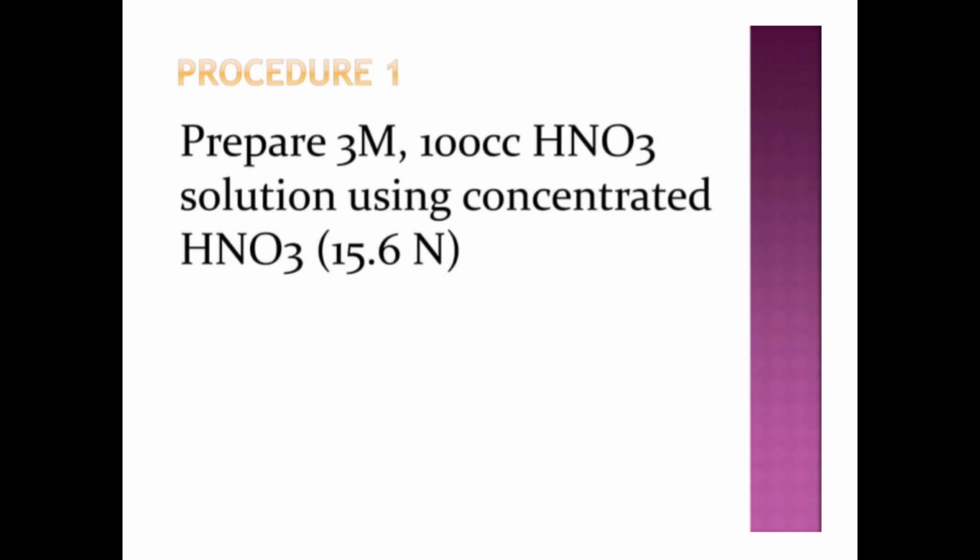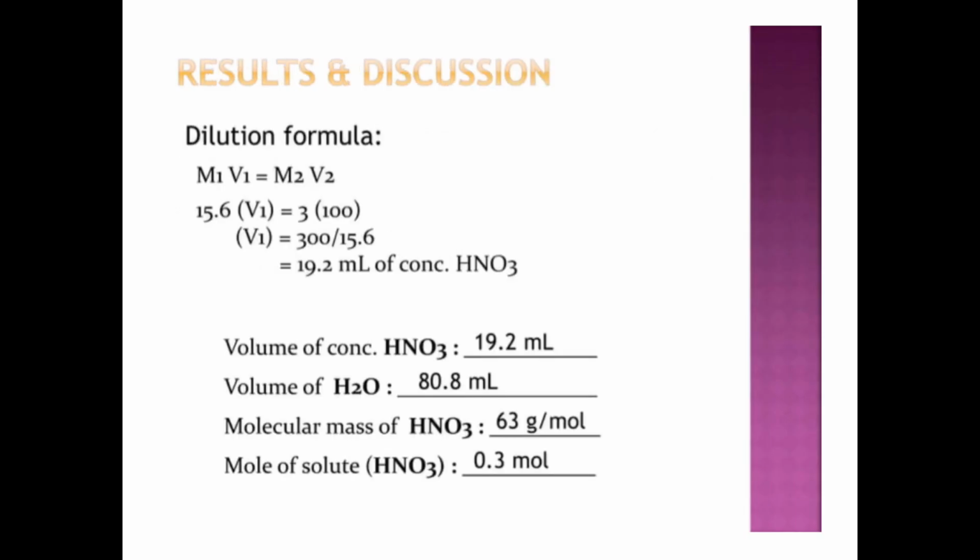The first one says prepare 3 molar 100 centimeter cube HNO3 solution using concentrated HNO3, and then you are given the normality to be 15.6. It is 15.6 normal. Please take note of that.